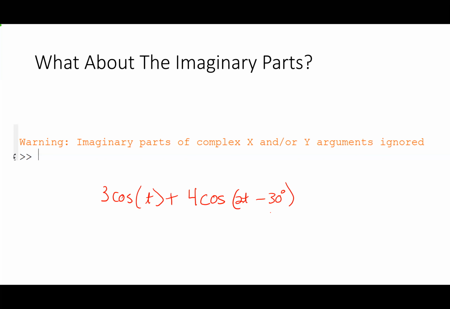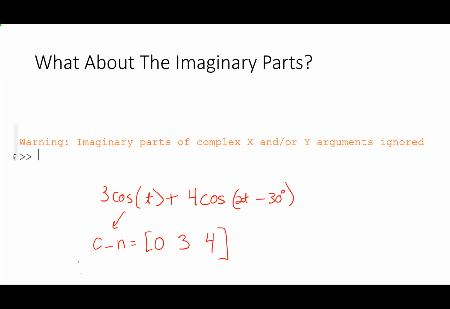Well, you could start in the C form if you wanted to. You could say this must be C of n as a vector. It has no DC term, it has a 3 for the fundamental, and it has a 4 for that guy.